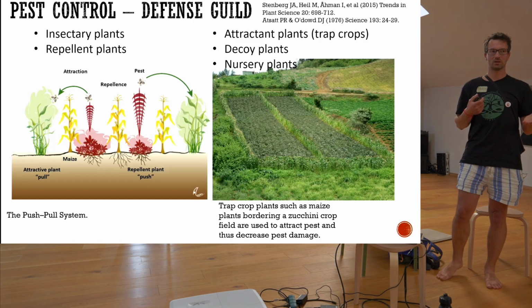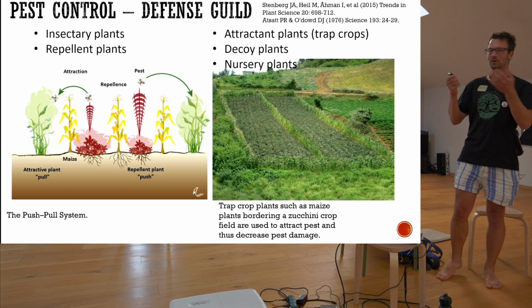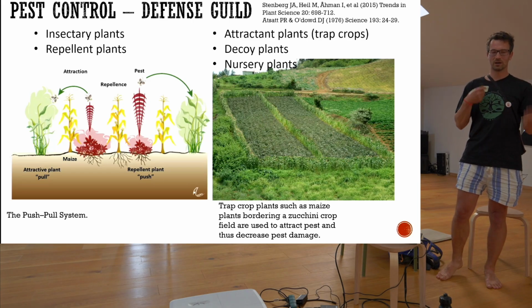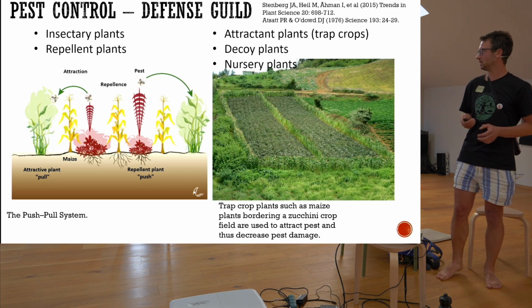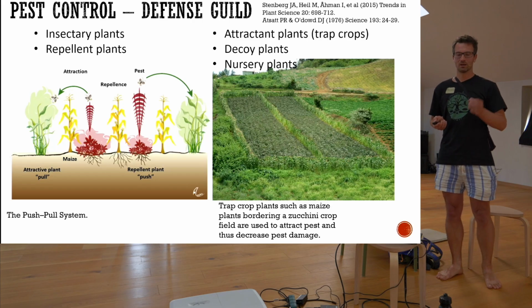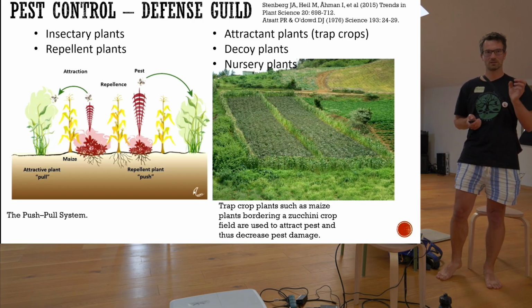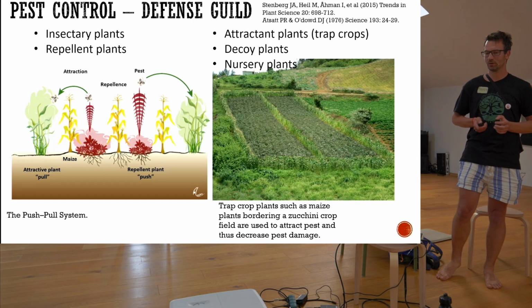And there are also insectary plants, flowering plants that produce nectar and pollen for pest control organisms, because adult wasps need this. And there are also nursery plants that host pests which do not affect our main crops, but which serve as a food source for our biocontrol organisms.